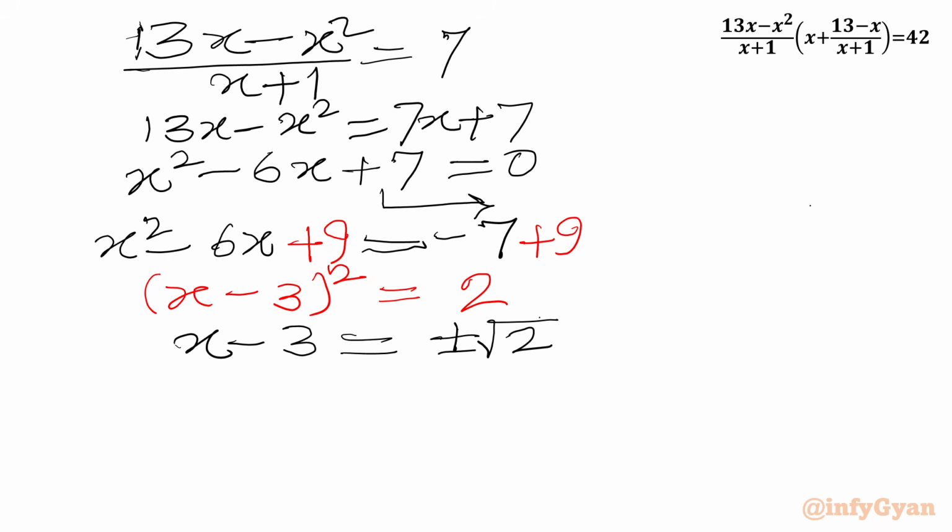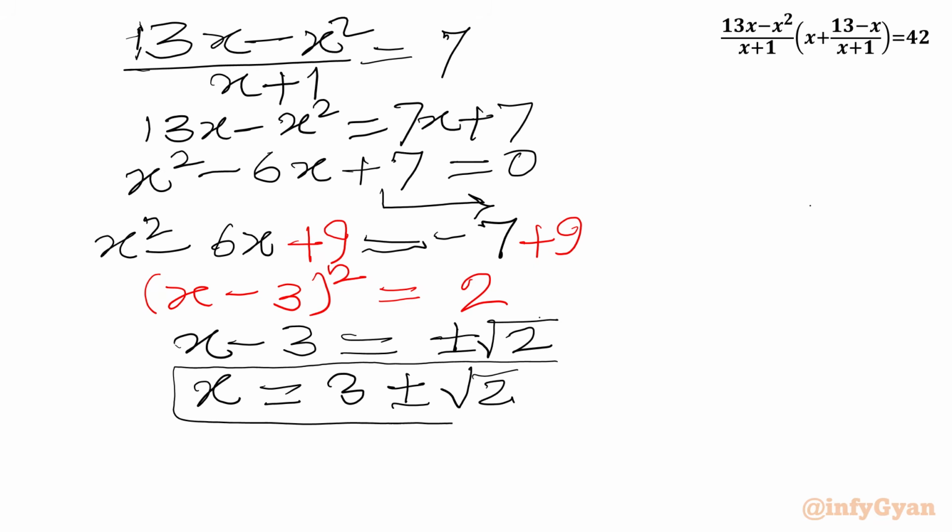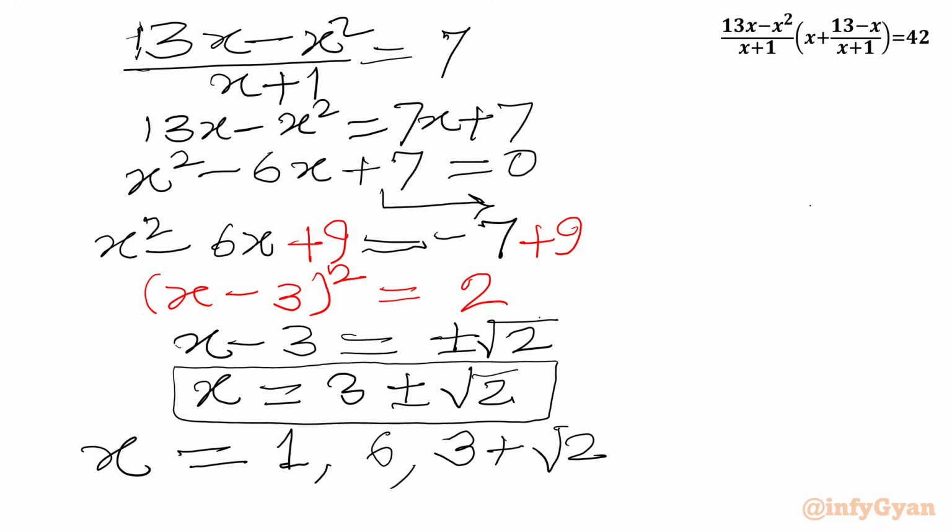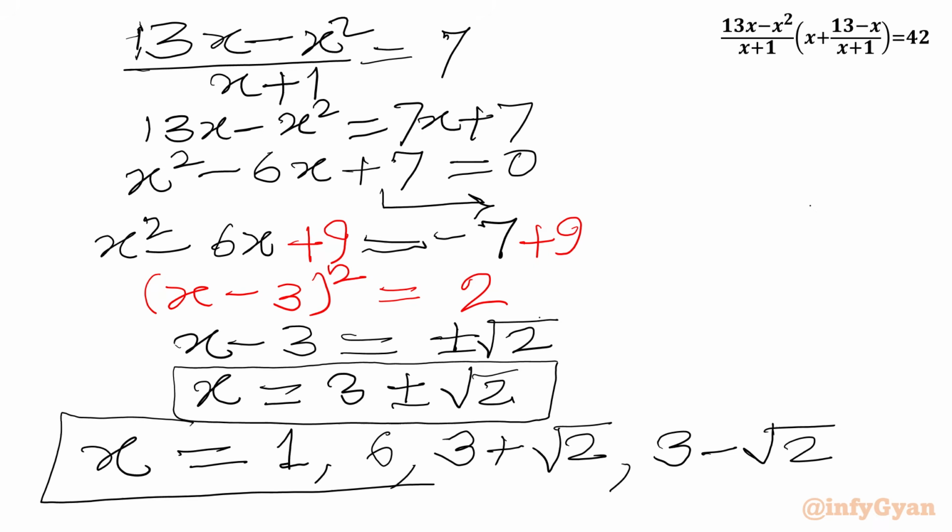By adding 3 on both sides, we will get 3 plus minus square root 2. So overall, we have 4 real solutions. Let me write all the solutions here: x equal to 1, 6, 3 plus square root 2, 3 minus square root 2.